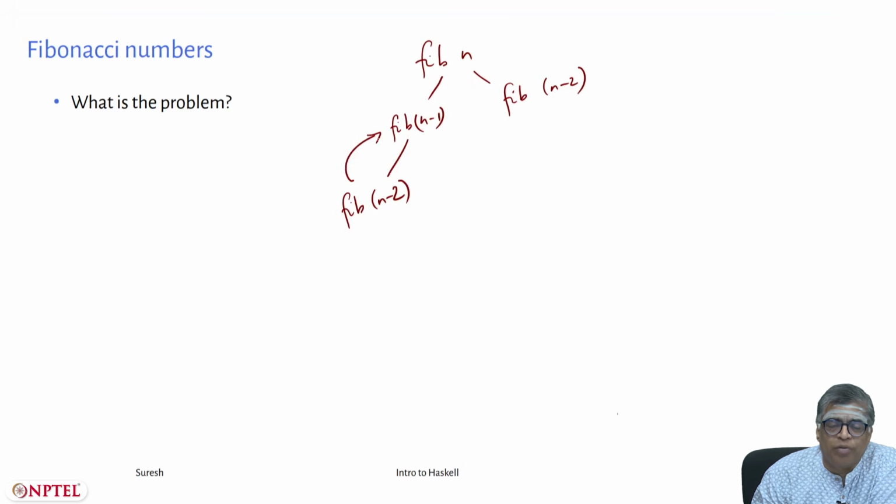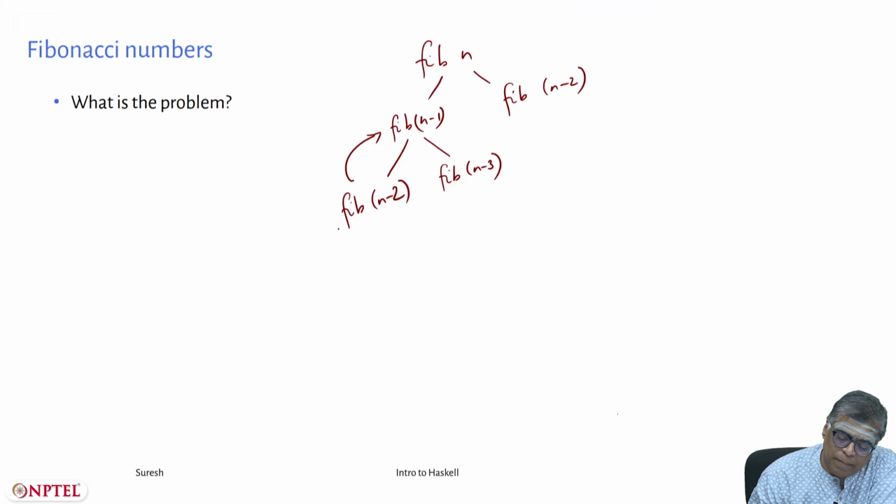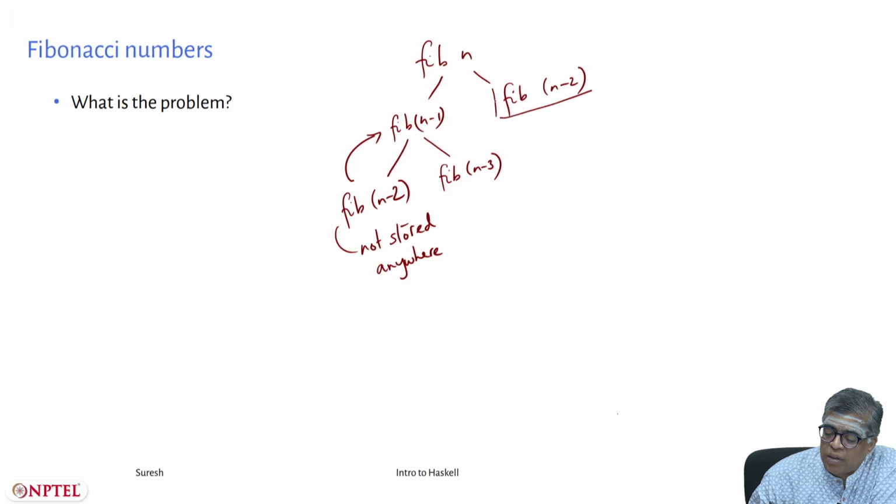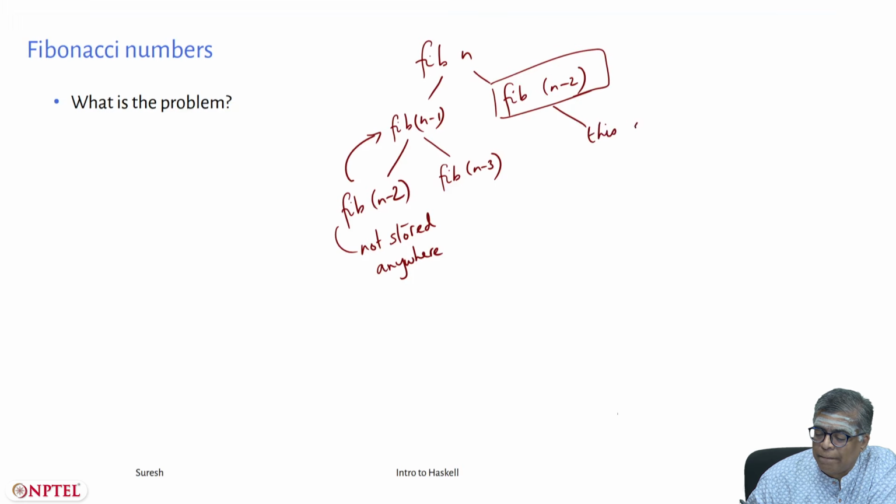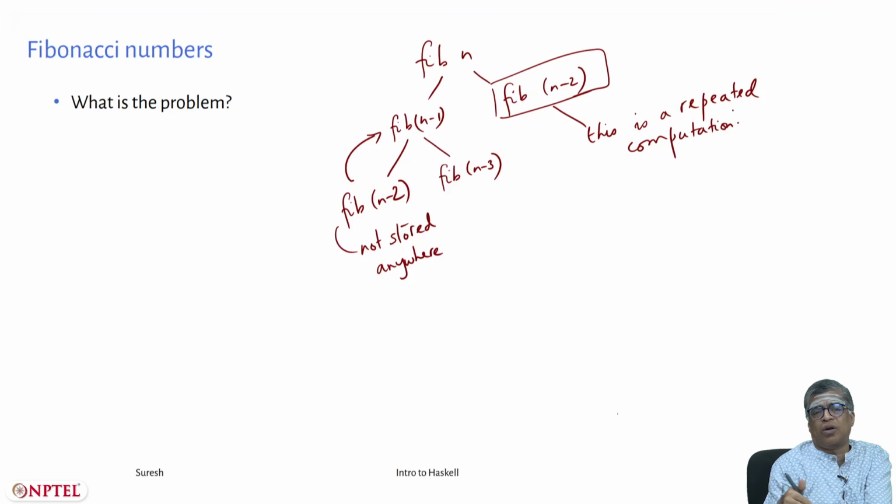This value gets returned to fib of n minus 1, but fib of n minus 2 itself is not stored anywhere, and therefore, that necessitates a recomputation. This is a recomputation. Right, and inside fib n minus 2 there are repeated computations, so the repeated computation is being repeated even more. So that is the point.